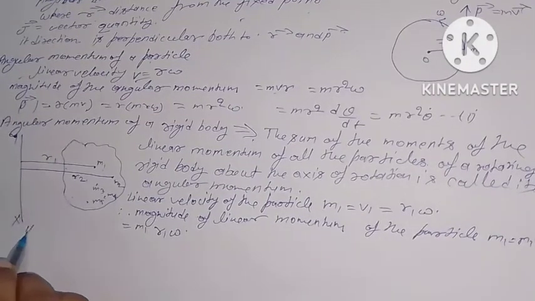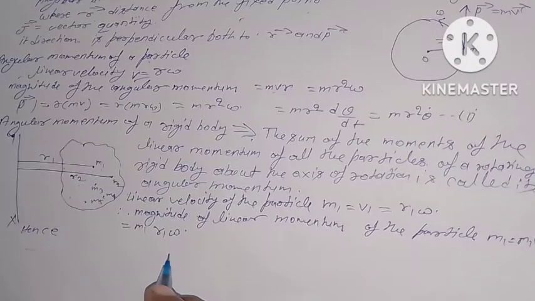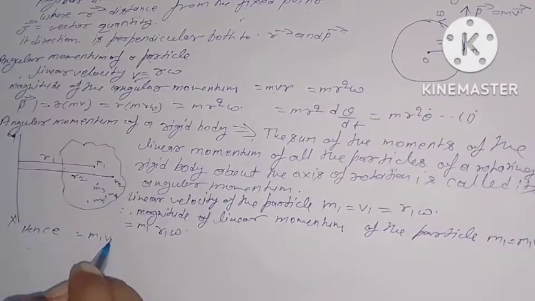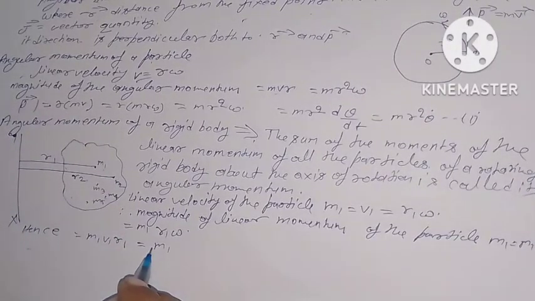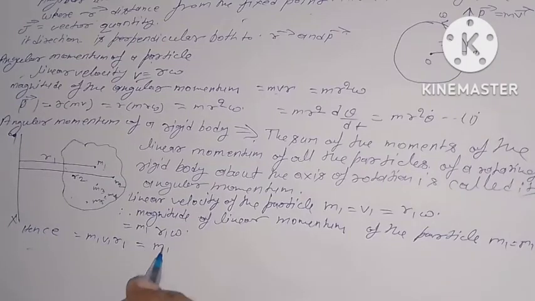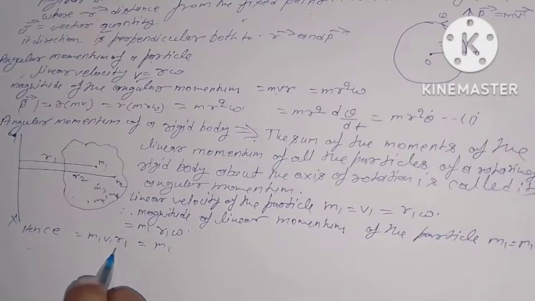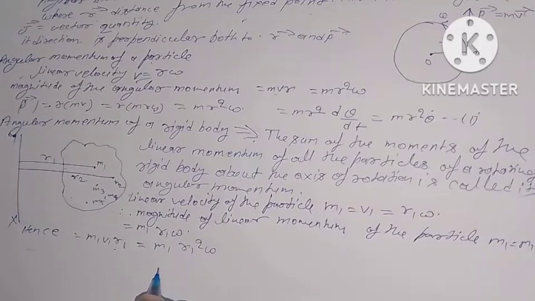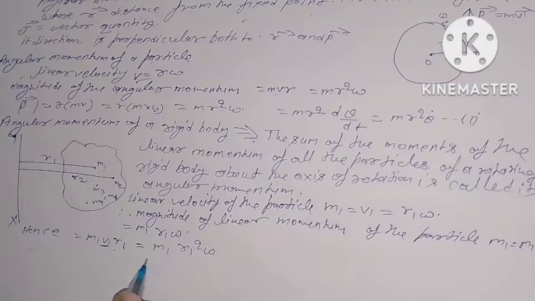Hence the magnitude of moment of linear momentum or angular momentum of the particle M1 about the axis of rotation equals m1 v1 r1, which is m1 r1 square omega, because v1 equals r1 omega.